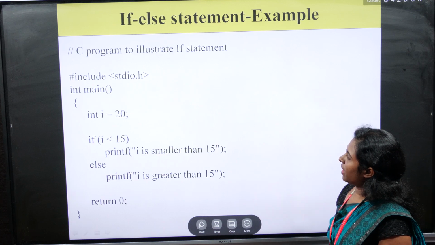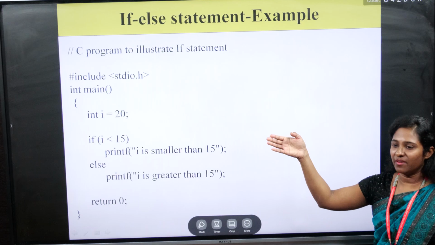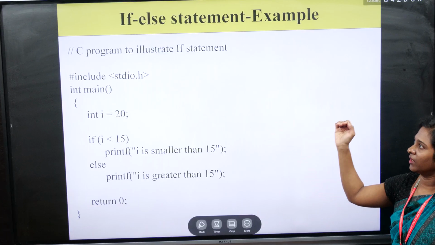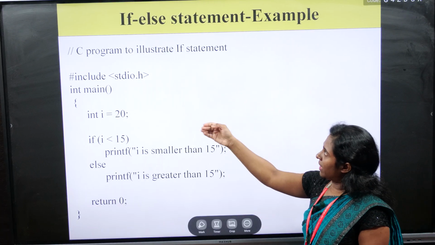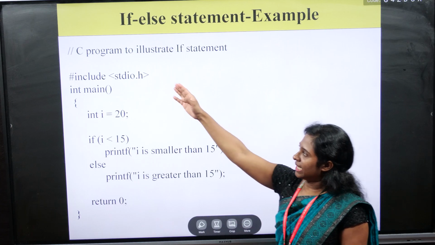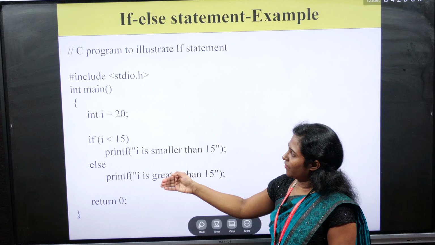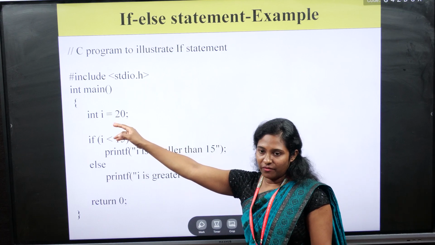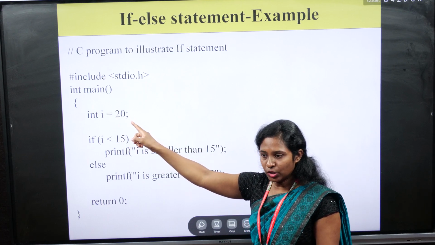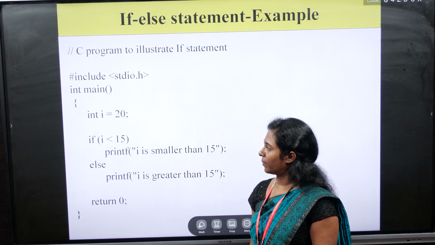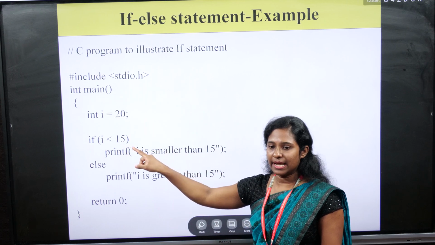Here we can see an example program, the same example we have seen for simple if, which explains the if-else statement. Firstly, we include the header file stdio.h, open the main function, and declare an integer variable I equal to 20. The condition we have given is: if I is less than 15.